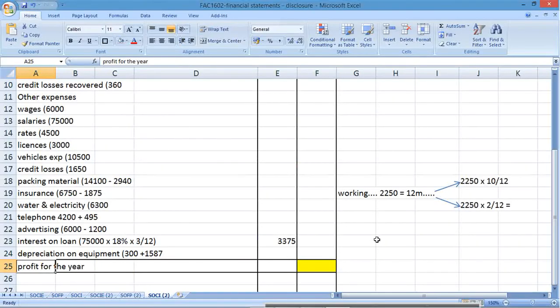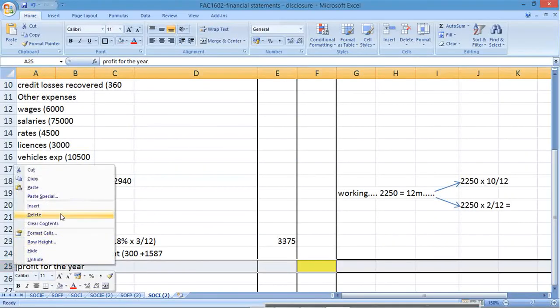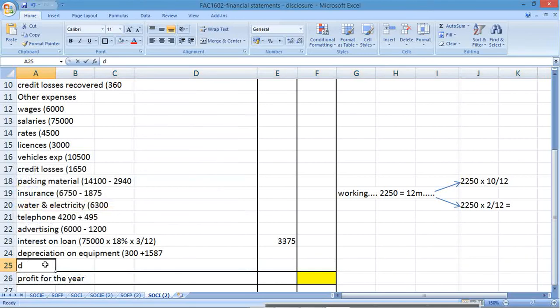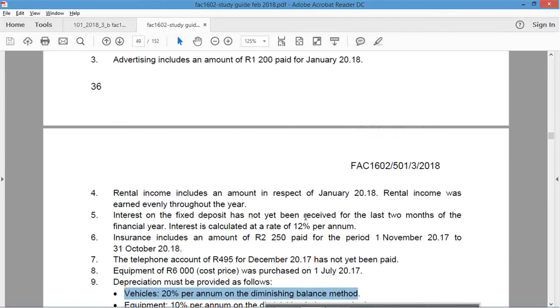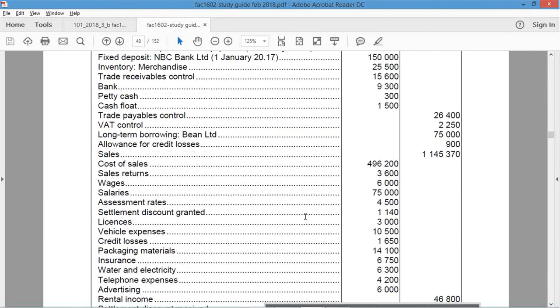Alright, so what does that mean? Diminishing balance means you have to work it out using the diminishing balance method. And what does that require? So that's the cost minus the accumulated depreciation to get the carrying value, times 20%. Yes. Okay.